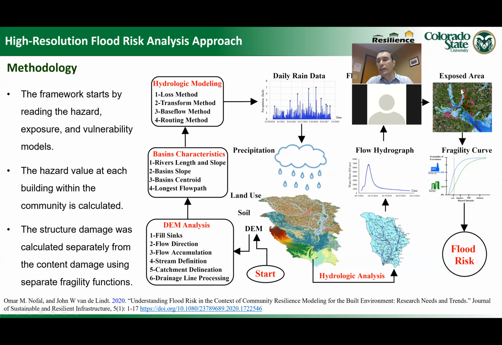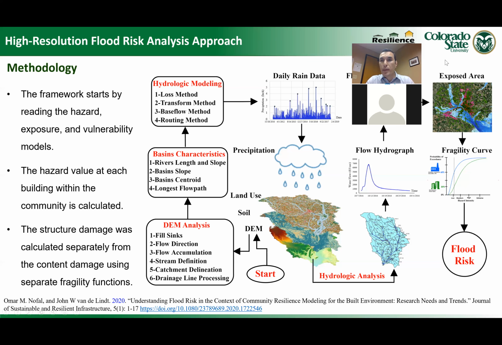This includes detailed information about each building within the community so we can have a high resolution community model. Then, for each building, we developed a fragility function for a portfolio of building archetypes that enables us to account for the amount of damage and losses at each flood depth for each building. This allows us to have a high resolution flood risk model.